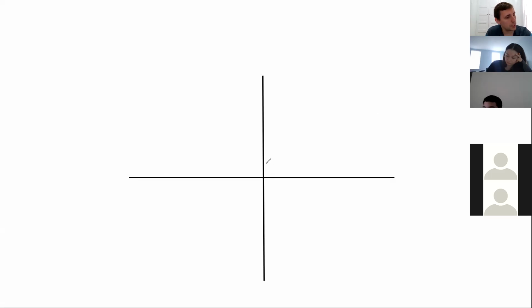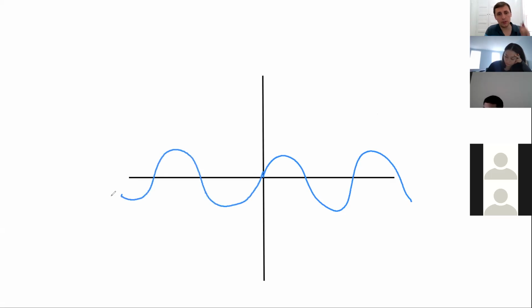This is my sine curve. Then the principal branch where I take the inverse is here. You agree? But I could have taken another branch.